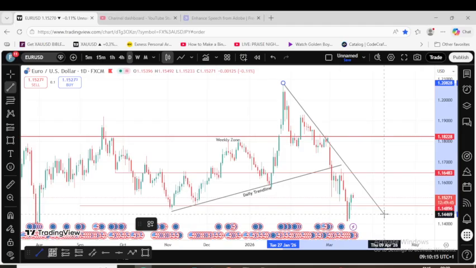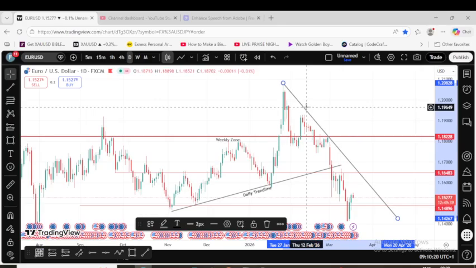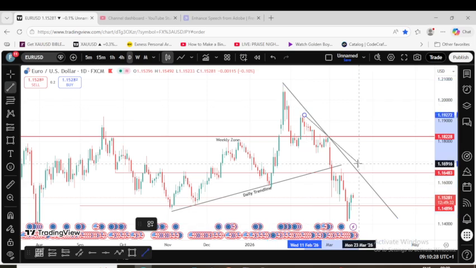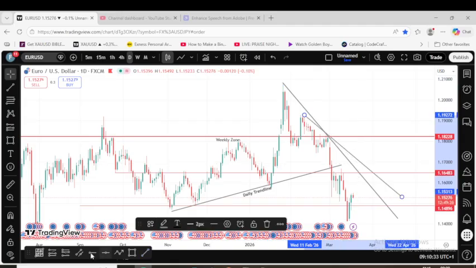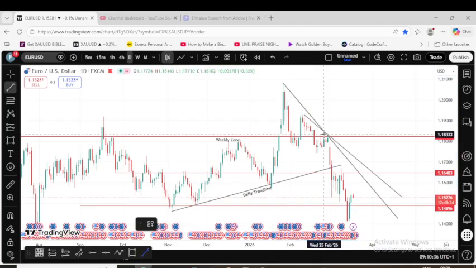Let's draw a trend line like this, and then another like this.